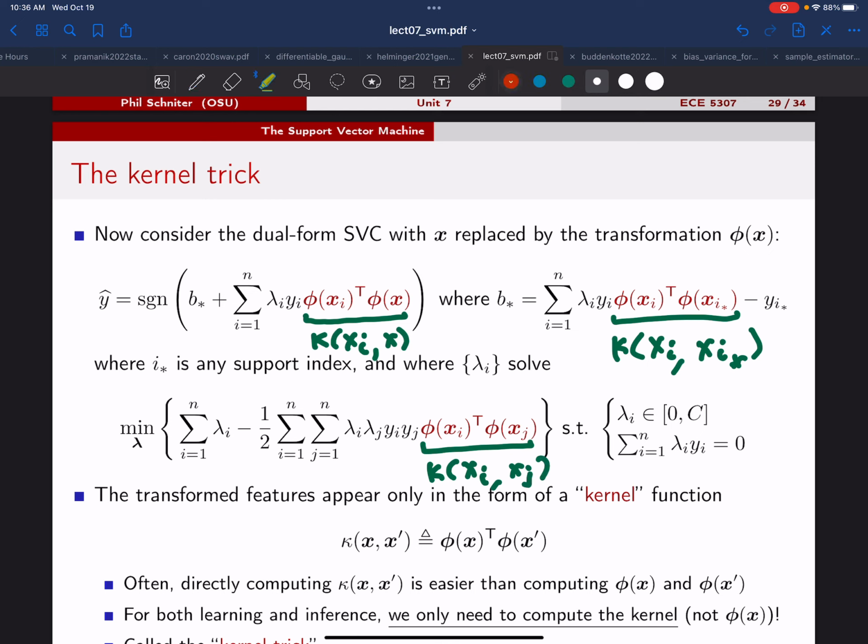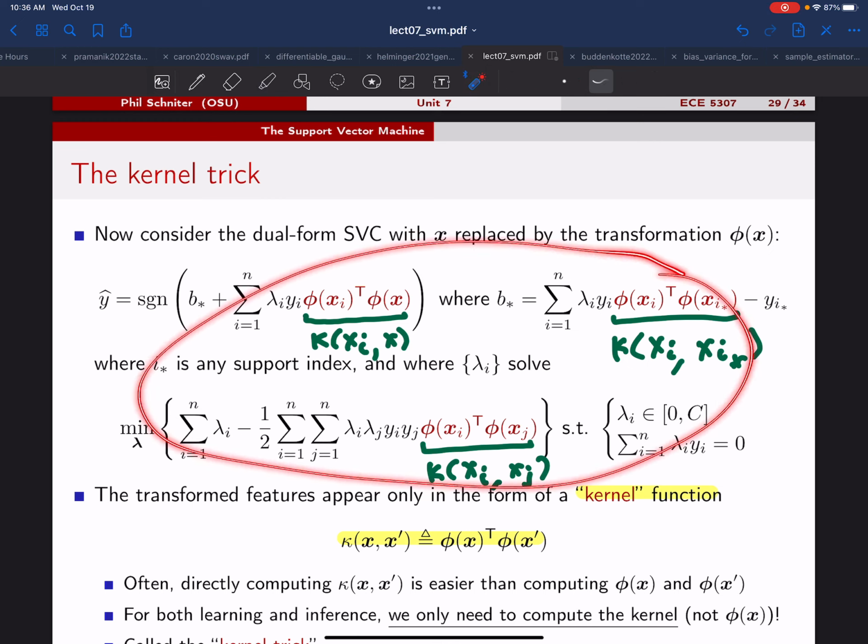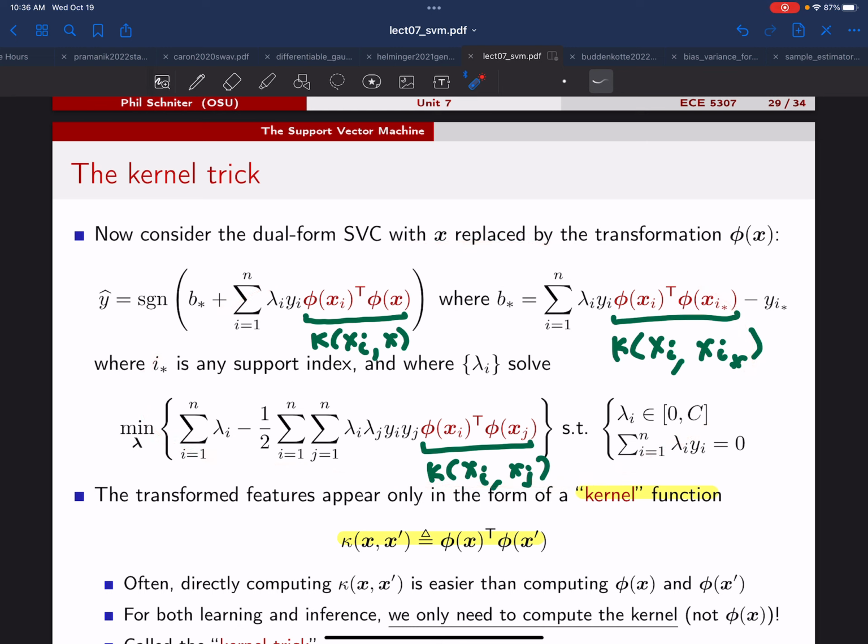Okay, and this function, we're going to call the kernel function. And once we think about this in terms of the kernel function, we never need to think explicitly about a phi. In other words, if we just define the kernel function directly, then we never need to think about the phi that is actually being used. Maybe there is some phi being used, but it doesn't matter. All we really need is a good kernel function.